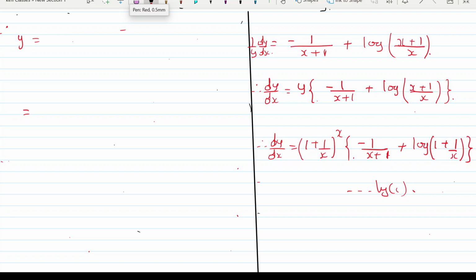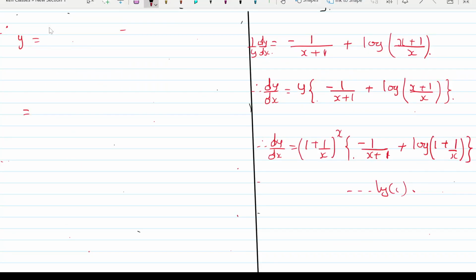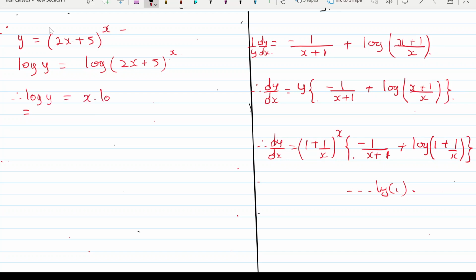y is equal to 2x plus 5 raised to x, so log, अभी ये जरा फास्ट लिखेंगे, log y is equal to log of 2x plus 5 raised to x, therefore log y is equal to x into log of 2x plus 5, reason log a raised to m is m log a.